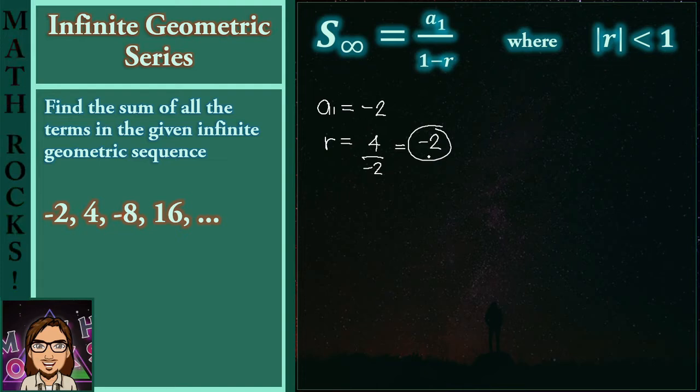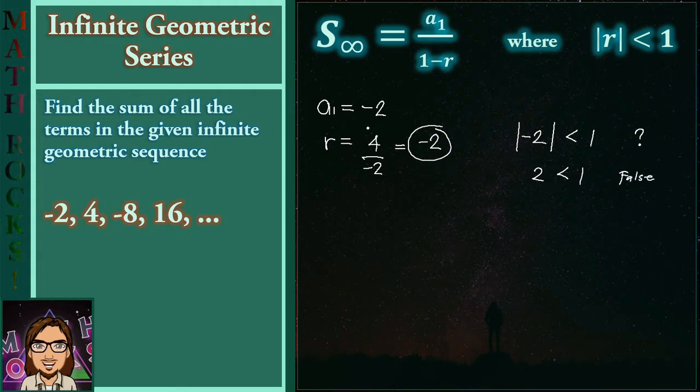Here, if we take a look at this value of the common ratio, -2, the absolute value of -2 is +2, which gives us a false statement because +2 is not less than 1. It is actually greater than 1. So it is a false statement.